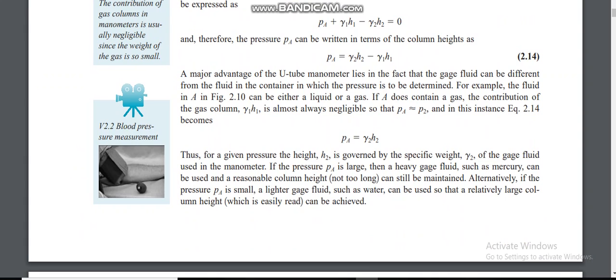There is a condition in a piezometer tube that the fluid must be homogeneous, but in a U-tube manometer it doesn't have such conditions. So the gauge fluid can be different.